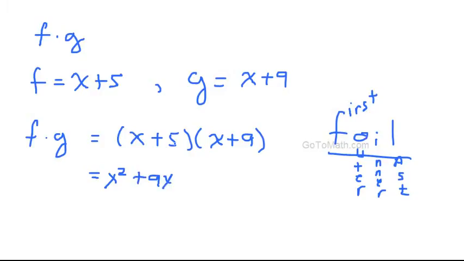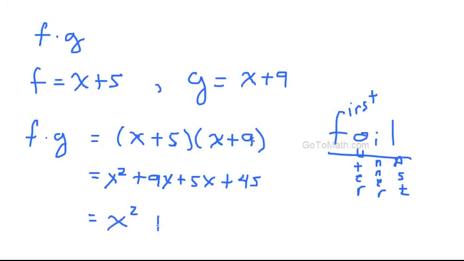The inner terms, that would be 5 and x. And then the last terms, 5 and 9, which is 45. Somebody did that and thought, wow, that spelled a word. Anyway, it's pronounced foil.